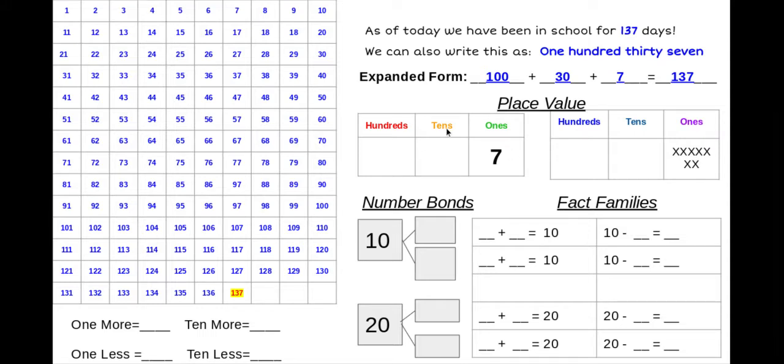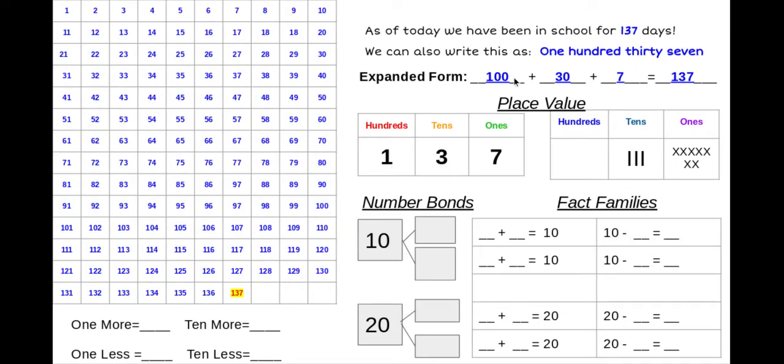How many 10s do we have? Abby, how many 10s? Oh, we have 3 10s right there. So 3 10s, if you count by 10, 3 times, 10, 20, 30. There's our 30. And we should put 3 rods here for 30. 10, 20, 30. And how many hundreds do we have? 1. 100.